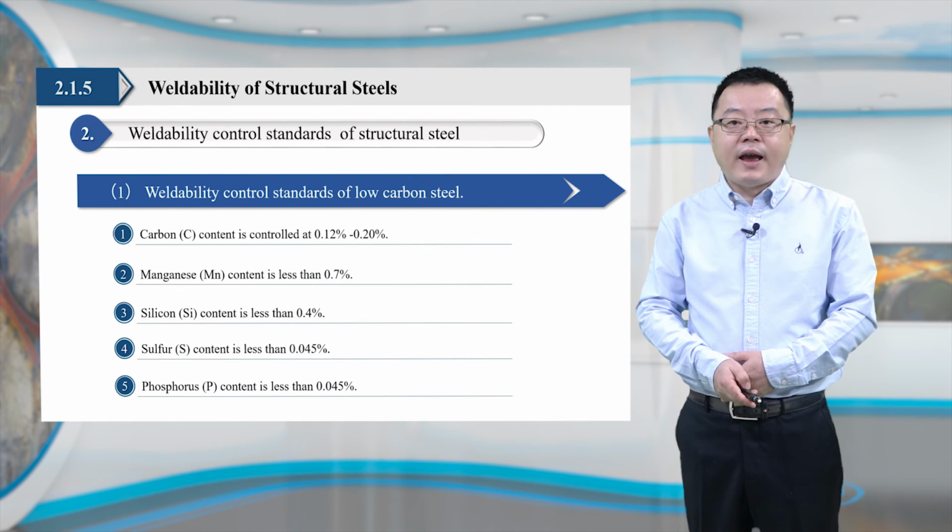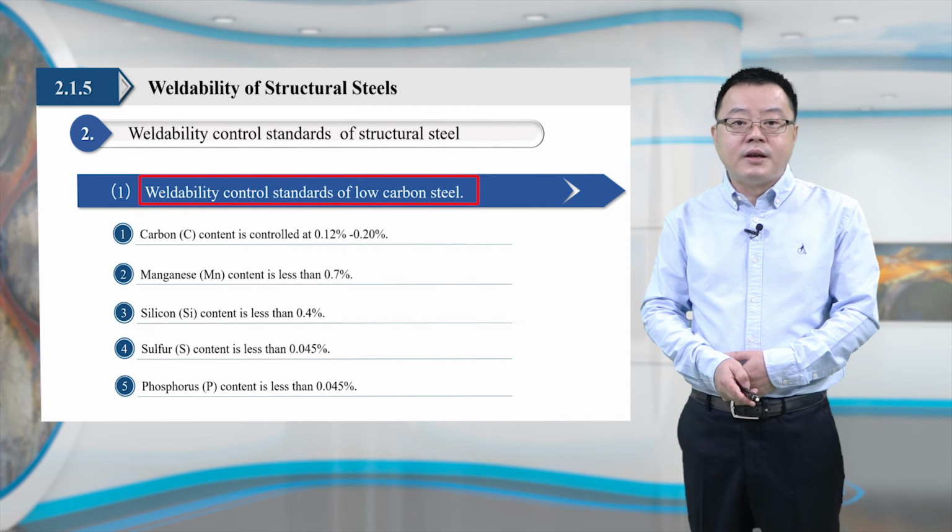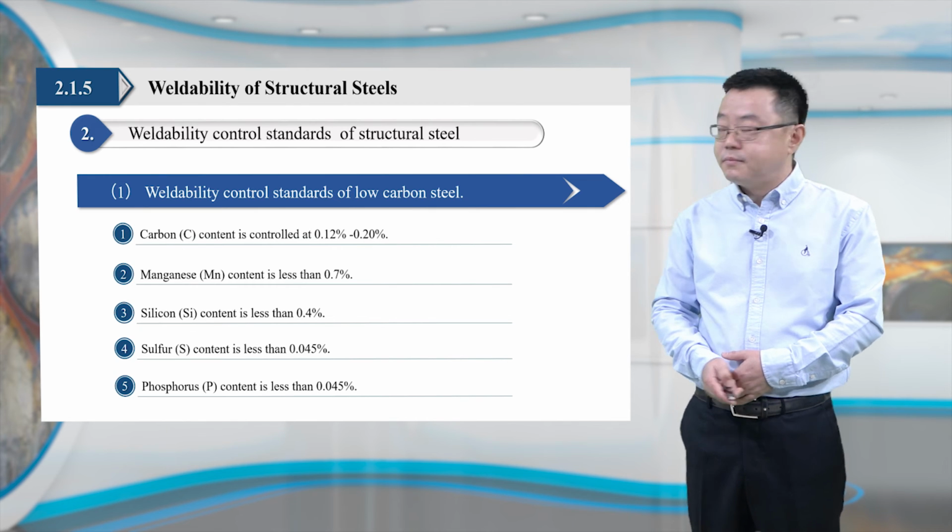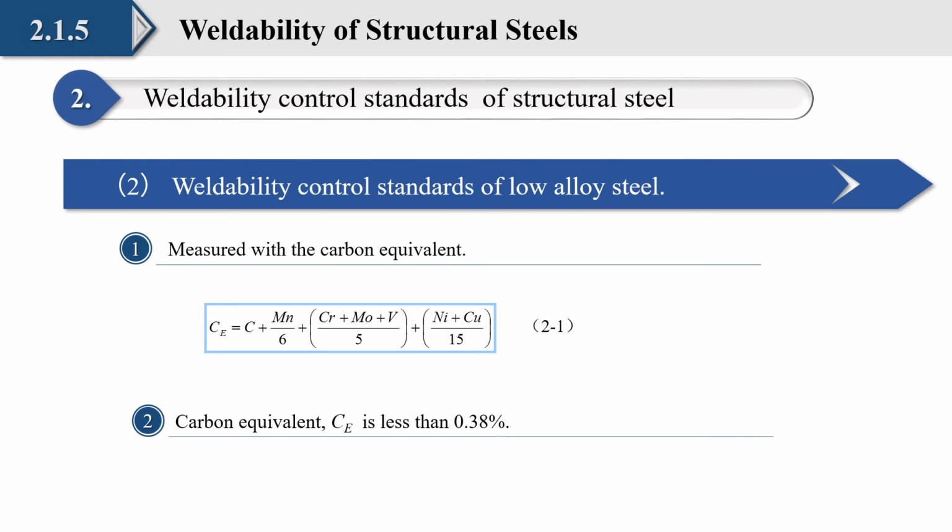Chemical elements have a significant influence on the weldability of low-carbon steel, and the specific content will be described in the next section. For low alloy steels, the control of weldability is achieved by controlling the carbon equivalent of steel, which is calculated according to equation 2.1.